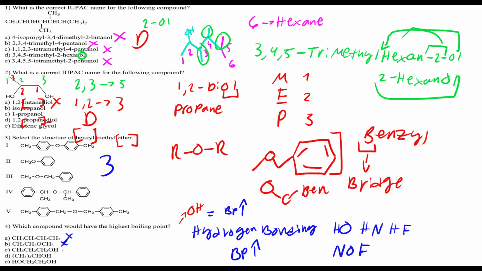Now C looks pretty good because we have an alcohol, and that alcohol has an oxygen that is directly bonded to a hydrogen. But is there something better? What about D? Well, D is like this.